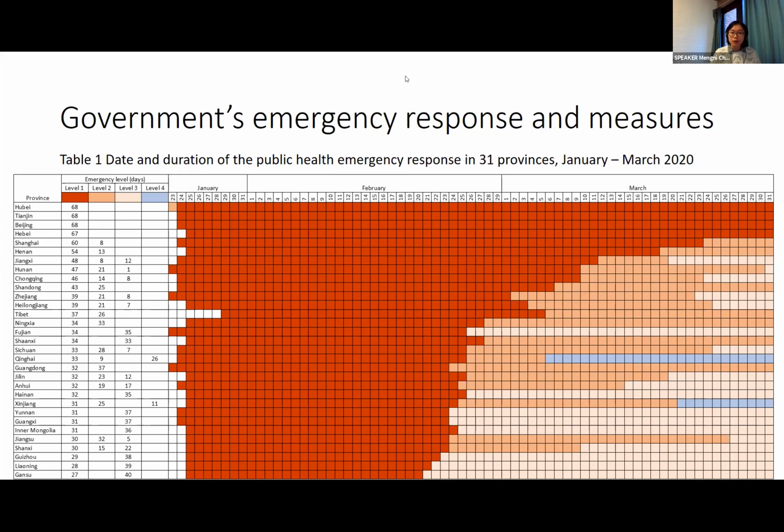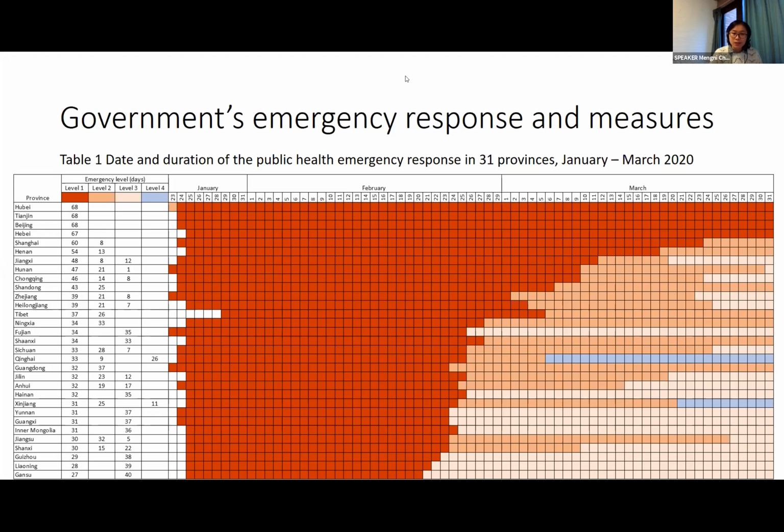We see that on January 23, four provincial governments had already taken the first level public emergency response to restrict people's mobility as well. And in the following 1 or 2 days, almost all the governments took first level emergency responses.